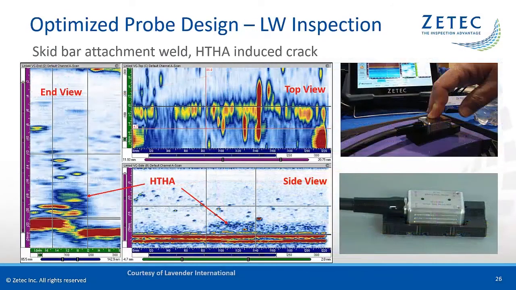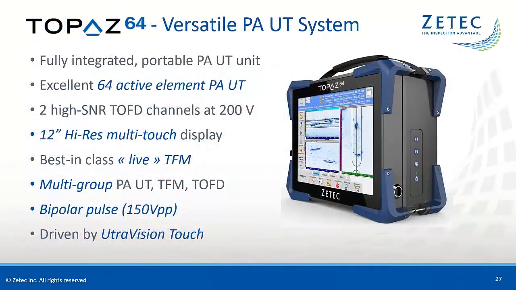And these are examination data from the new TFM DLA probe on a skid bar attachment weld. We can see a clear linear indication from a macroscopic ID crack, but also clusters of HTHA damage higher up in the material.